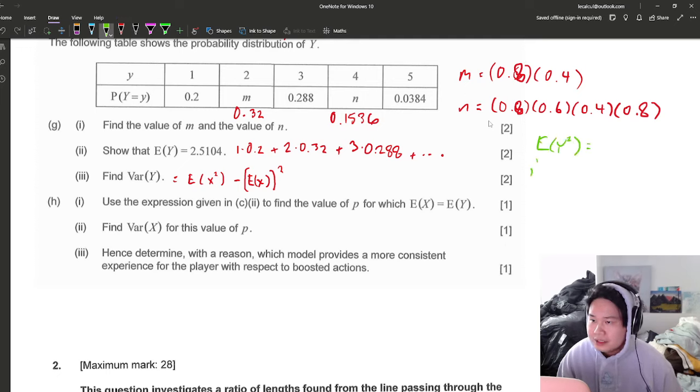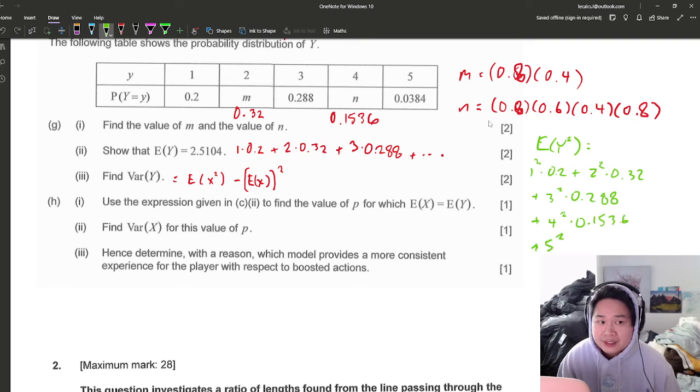So it's 1 squared times 0.2 plus 2 squared times 0.32 plus 3 squared times 0.288 plus 4 squared times 0.1536 plus 5 squared times 0.0384.